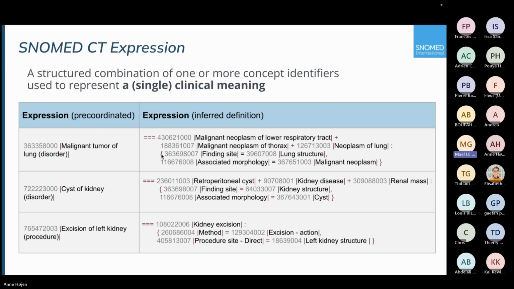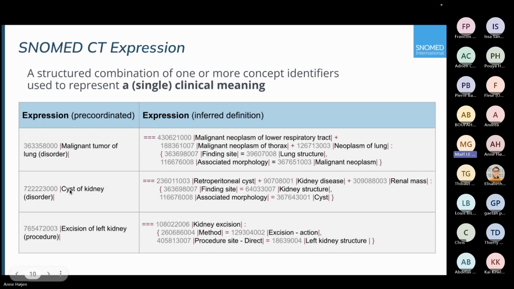And then we have the curly braces here indicating the role group, the group of attributes, the finding site that equals the lung structure, and an associated morphology equals a malignant neoplasm. So that expression actually means the same as this very simple expression over here. It's just the expanded version of that forms the definition of that pre-coordinated expression here.